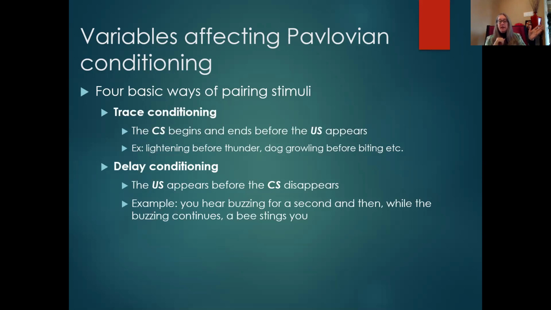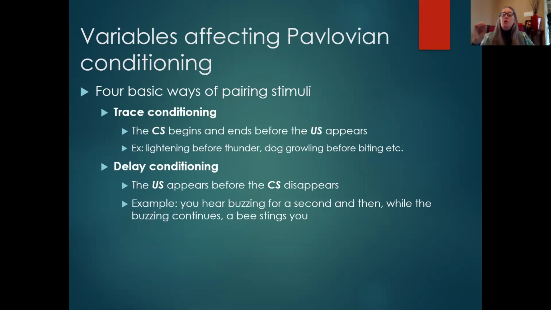Maybe the metronome begins and it might go for minutes, maybe several minutes, and then the food appears. So notice how there isn't an interval between when the CS ends, the metronome ends, and the US begins, the food begins. They're going to overlap. Some of it's going to overlap. But clearly, the CS begins before the US appears.